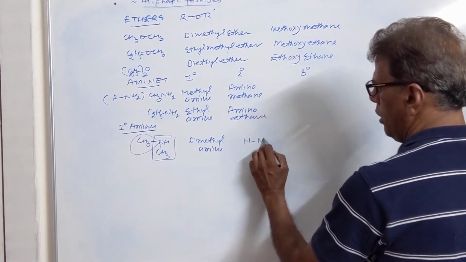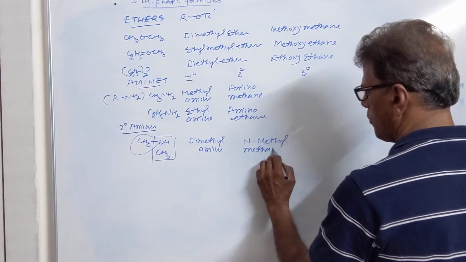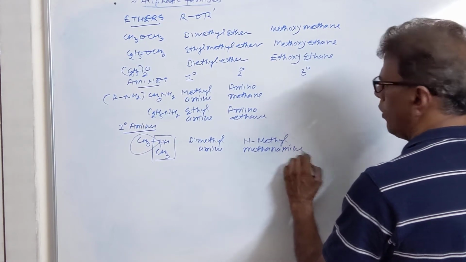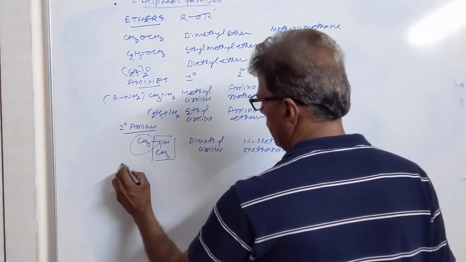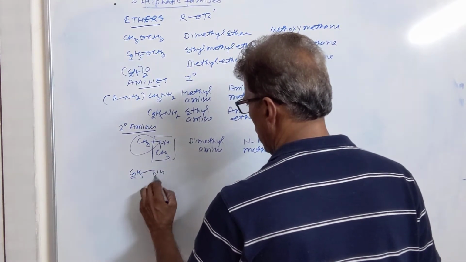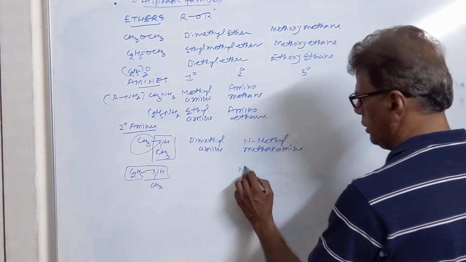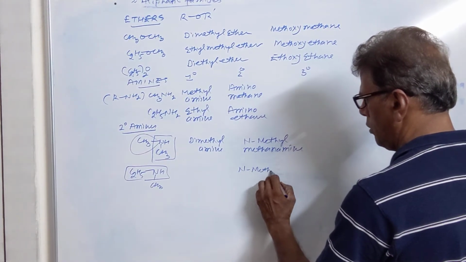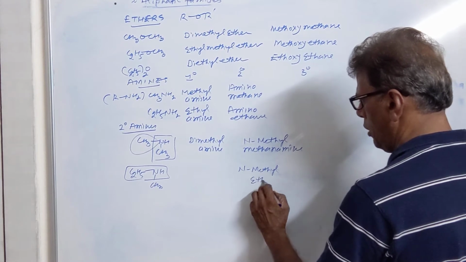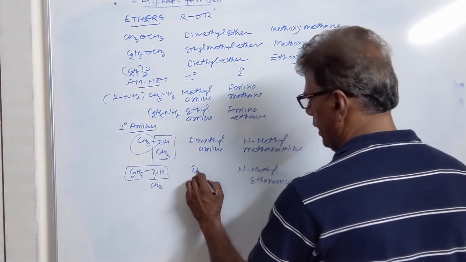So N-methylmethanamine. Similarly, we have mixed amine. The big alkyl group is taken as parent. So this is N-methylethanamine. This is ethyl methylamine.